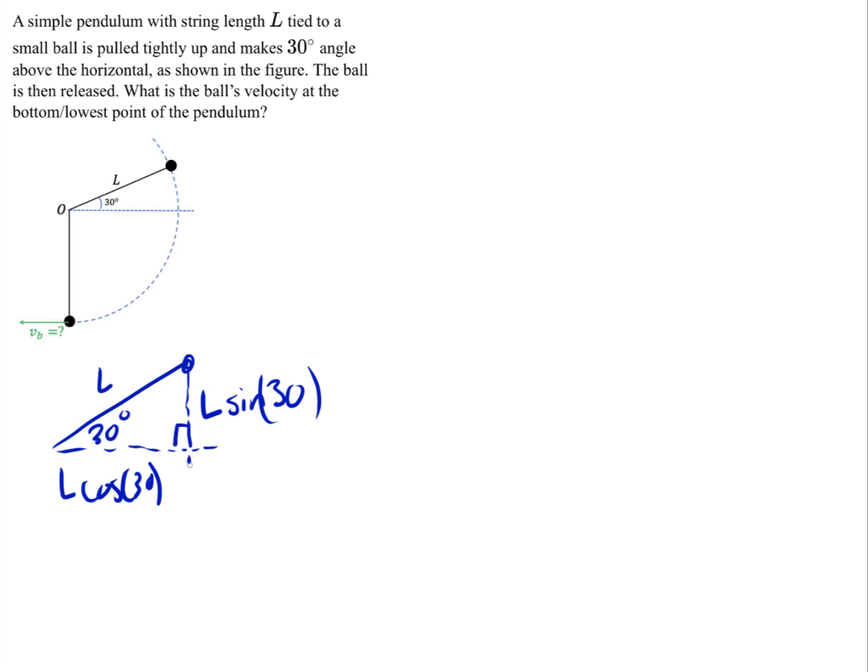But after this, it's going to continue to free fall. So I'm going to erase that for now. We don't need this. After reaching the horizontal, it's going to keep free falling until the circle actually starts curving. So this again is L. This is also 30 degrees.